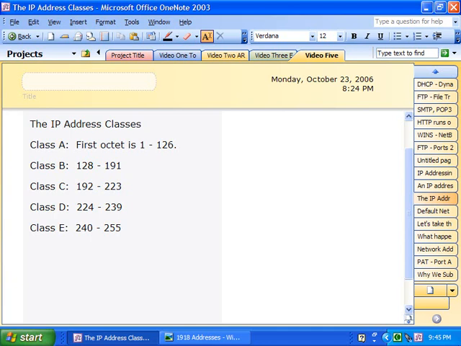Now we also have 2 other ranges here we can't use, and that's Class D and Class E. The Class D range is reserved for multicasting, and those again begin with an octet from 224 to 239. Class E networks, it really depends on which document you read about the official explanation.